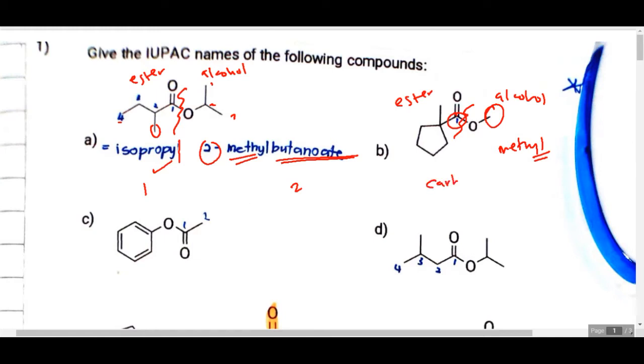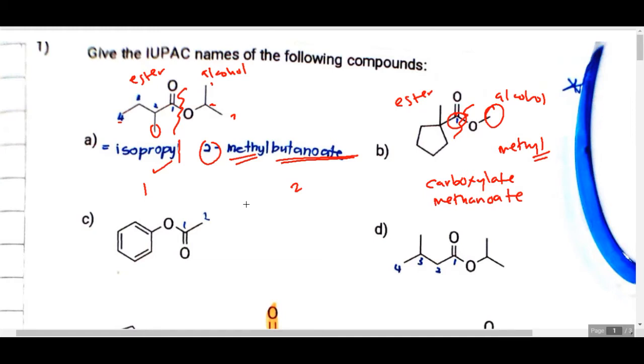Alright, if we have a single carbon, you can name it as methanoate, or you can also name it as carboxylate. Just like the example in acyl chloride, where instead of using methanoyl, we can also use carbonyl to replace the 1 carbon attached to the C double bond O. Right, carboxylate can also be called methanoate, and both are acceptable.